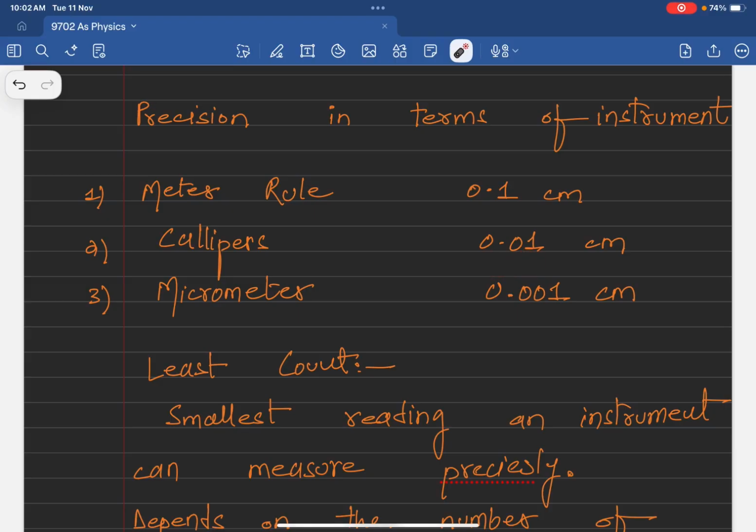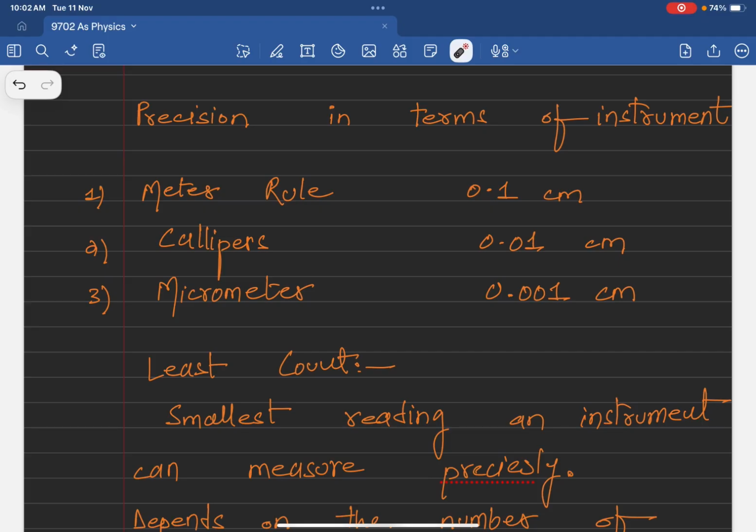But if there is a third one, a fourth one, a fifth one, that is uncertain, that is not clear. And the same applies to the micrometer. We can precisely measure up to 3 digits after a decimal place, but if the fourth digit is there, fifth digit is there, sixth digit is there, then it is not accurate.